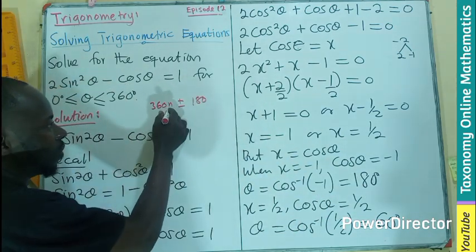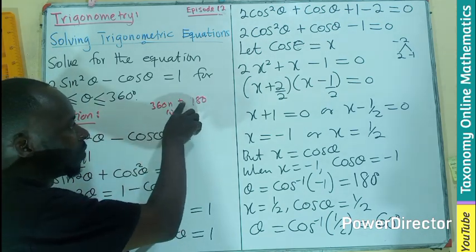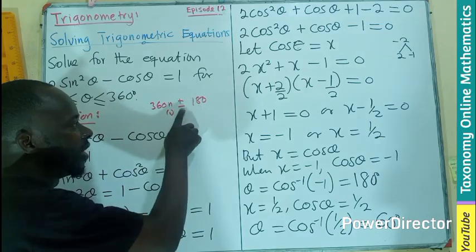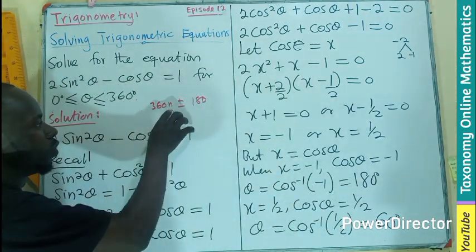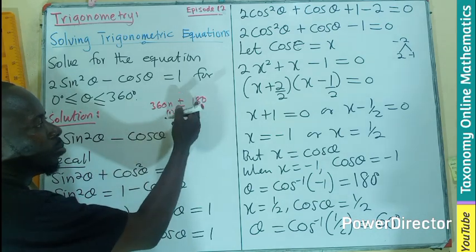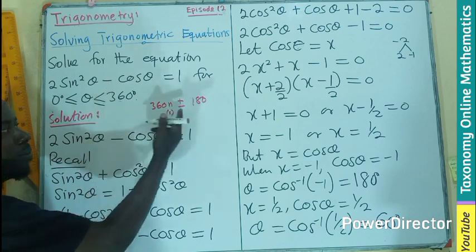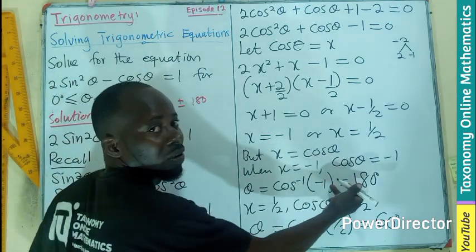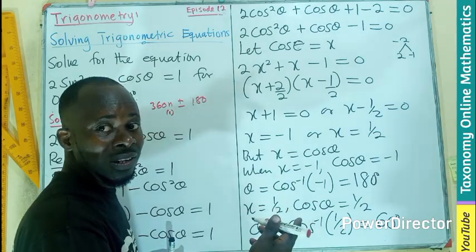When n is 0, the whole of this becomes both positive 180 and negative 180. We'll go for the positive one. When n is 1, this is 360 plus 180, which is beyond this range, but minus will come back to this. So finding a general solution for this will give you only 180.